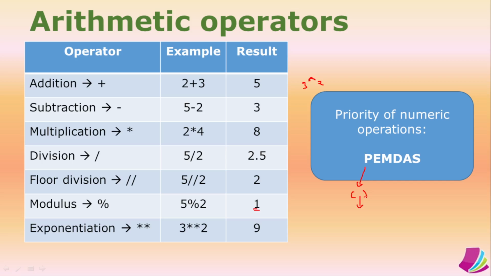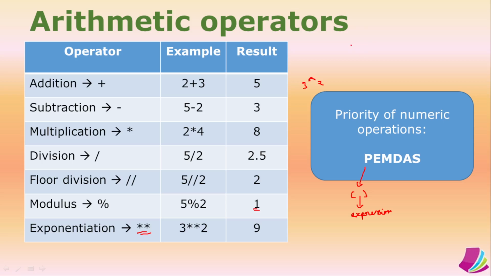Whatever expression is inside the bracket, that expression will be solved first. So parenthesis gets the highest priority, followed by exponentiation. This one gets the next priority, and multiplication gets the third, division gets the fourth, addition gets fifth, and subtraction is the last one.